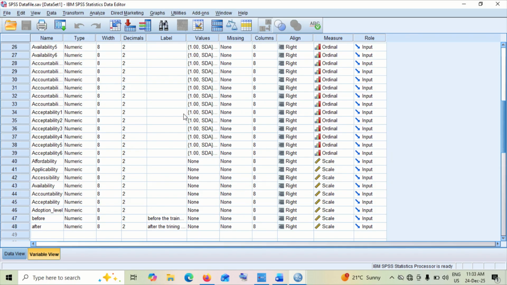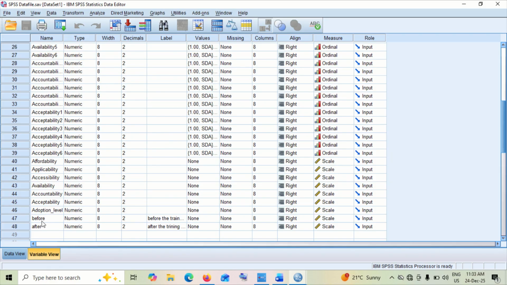In this data set, we can see that the adoption level of ICT is measured before and after a training program is given to the respondents.